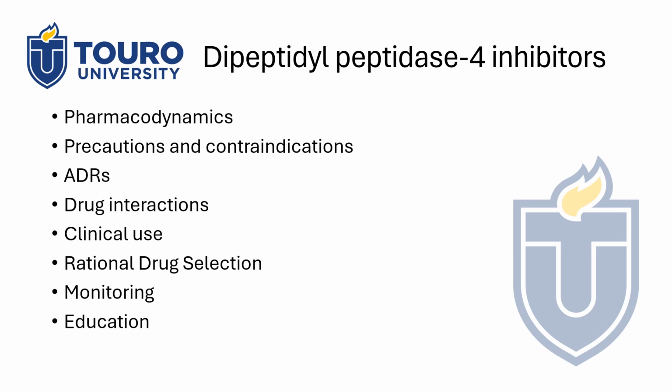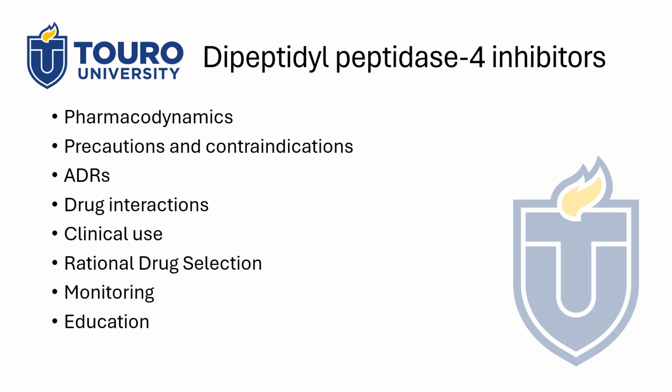To get more in depth or more scholarly, these drugs inhibit the degradation of the incretins glucagon like peptide 1, or GLP-1, and glucose dependent insulinotropic peptide, GIP.